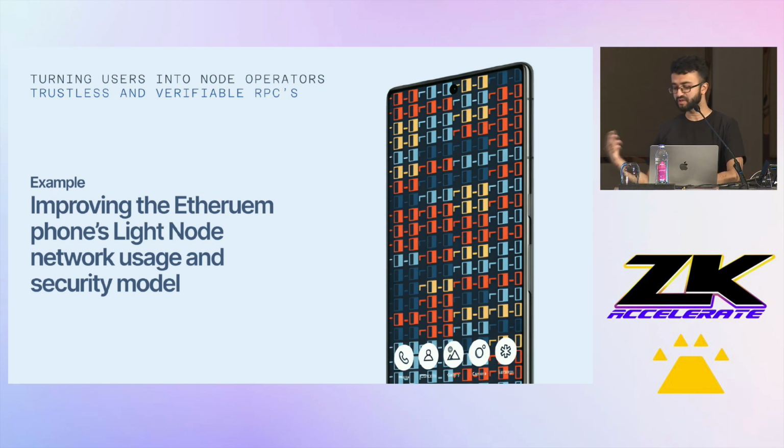If you ran one on your mobile phone, it would constantly be downloading blocks every couple of seconds. You're downloading a lot of data and processing a lot of information to run this infrastructure, which has made running light nodes on the client side quite impractical.